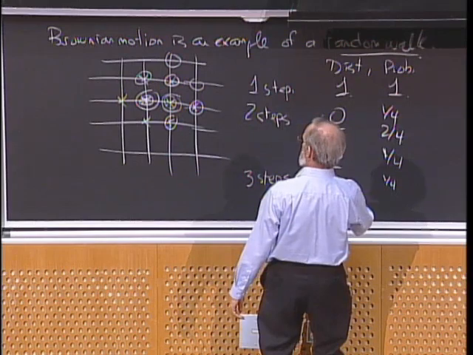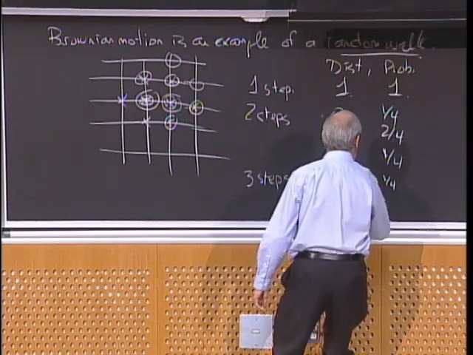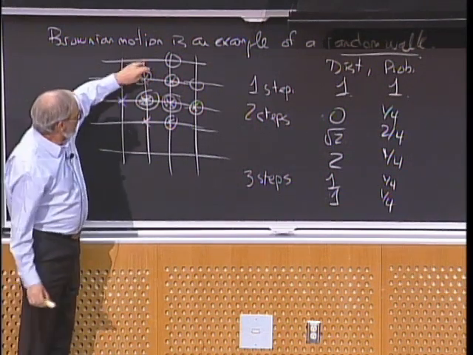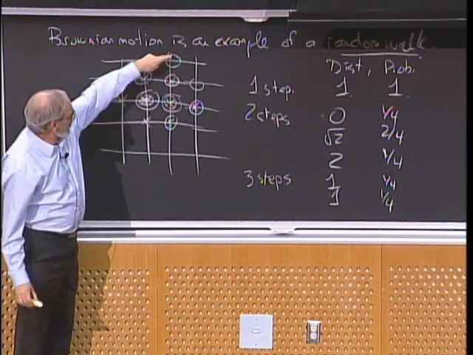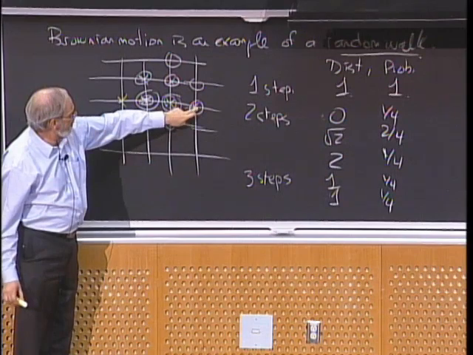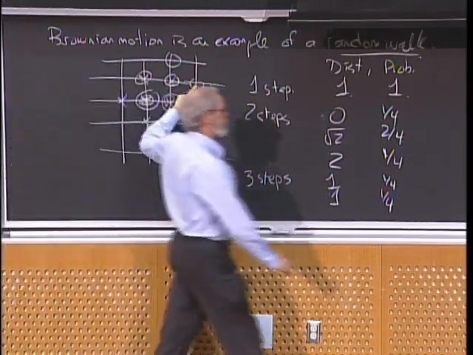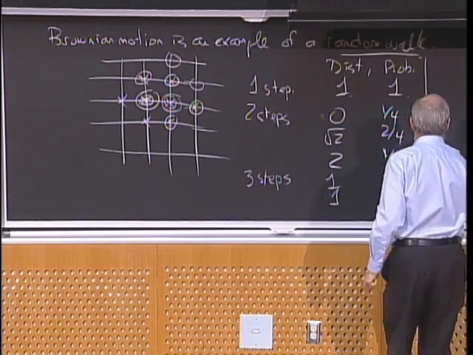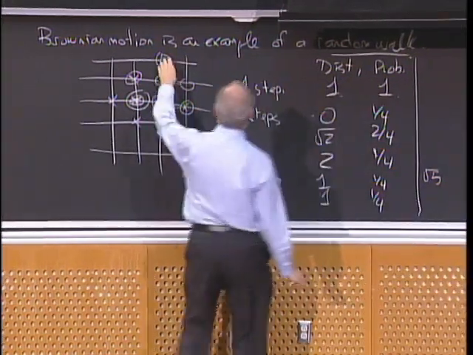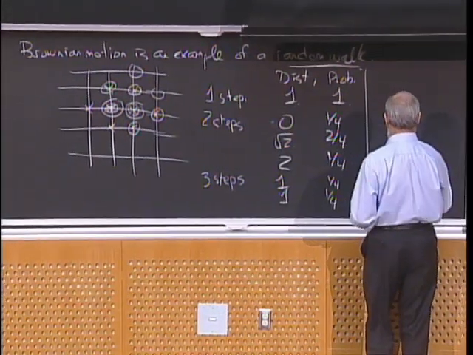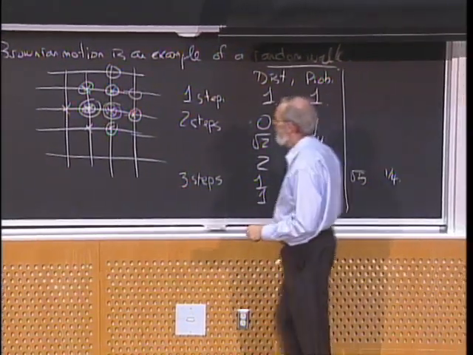So did I do that right? Yes. That's also with 1/4. That was getting, if I went here or I went there. If I'm up here, or if I'm over there, that's root 5 away. So I'm going to put that over here. So I got a probability of a half getting there and a probability of a half from here of getting that, so that's also with probability of 1/4.